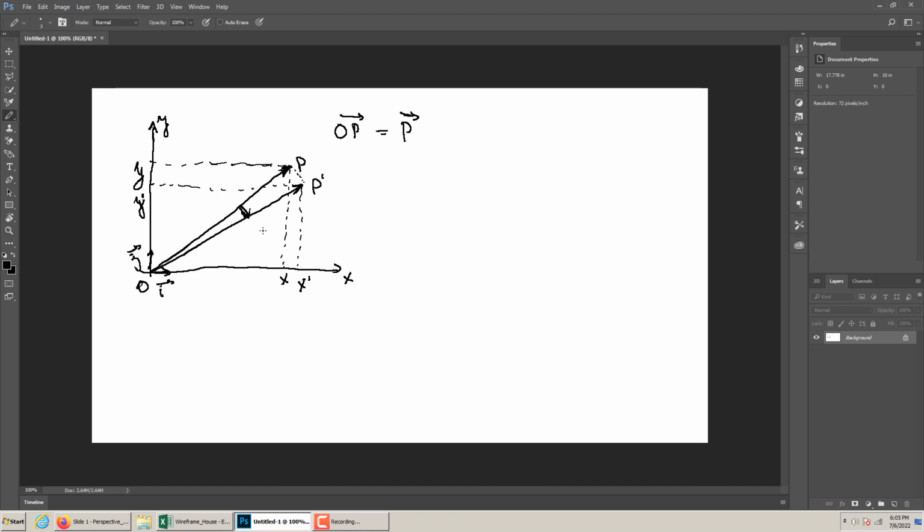If the angle is small, x prime is going to be a little bit larger than x, and y prime will be a little bit shorter than y.